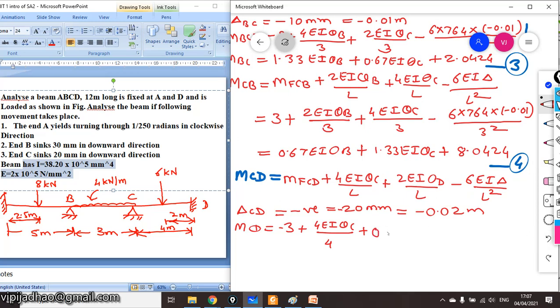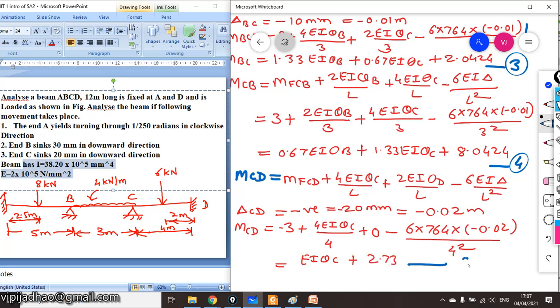So 0 minus 6EI, where EI is 764, delta is minus 0.02 meter, divided by L square, that is 4 square. So we get MCD equal to EI theta C plus 2.73. This will be your equation number 5.